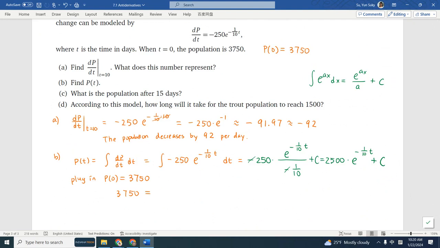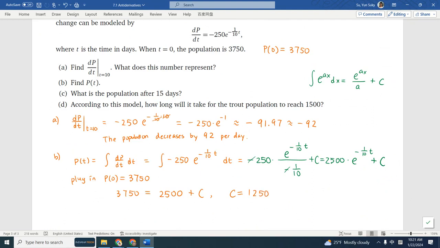Because e to the 0, is it 0? No. E to the 0 is 1. So we got 2500 times 1 is 2500, plus C. What is C? Exactly, very good.